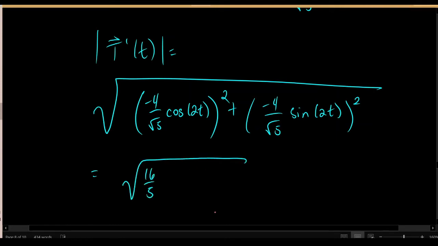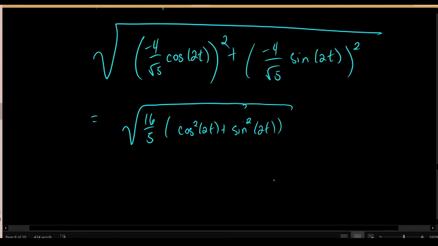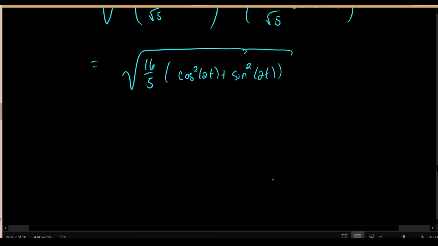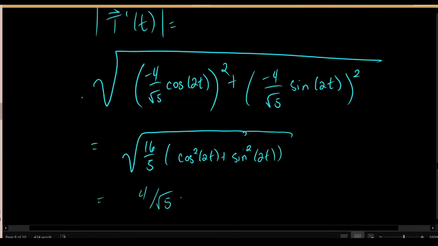The other, negative 4 squared over root 5, will also become 16 over 5. And then we have cos squared of 2t plus sine squared of 2t, which is simply 1. Once again, we're using that Pythagorean identity. So this simplifies to positive 4 over root 5. That is the length of this derivative of the tangent vector at any given time.